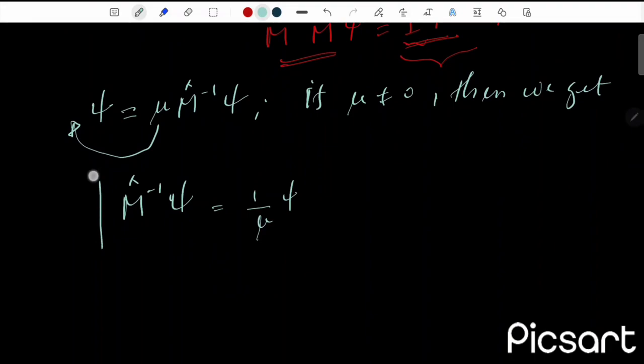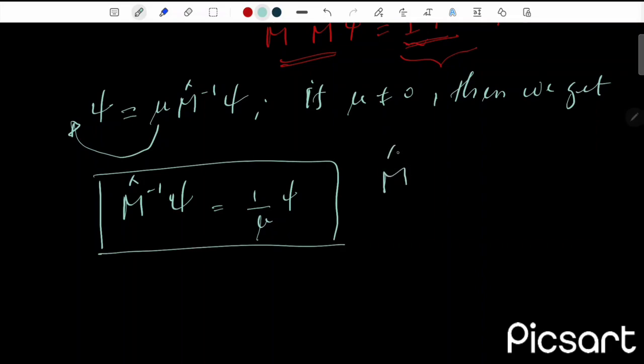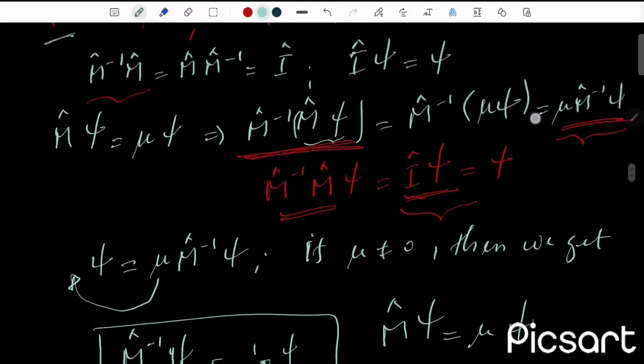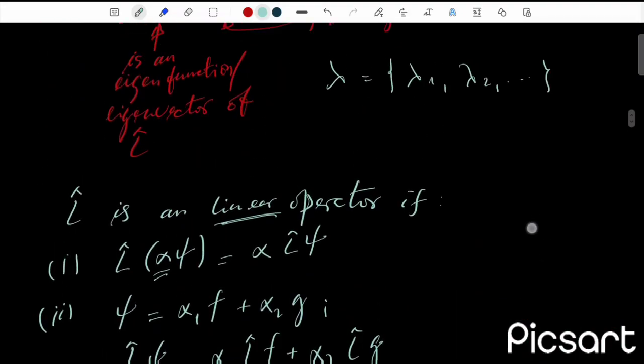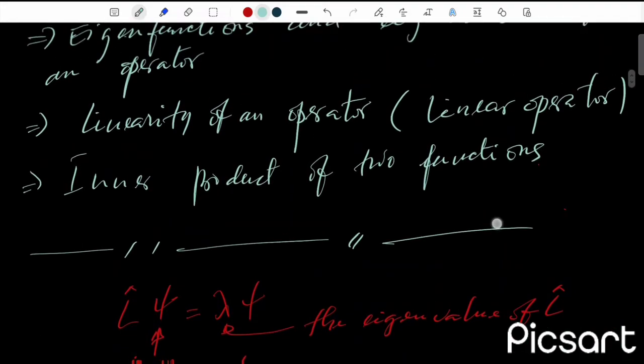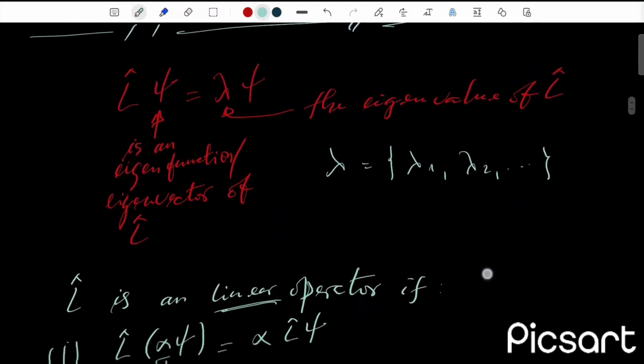This means that if M acting on psi gives us mu times psi, then applying its inverse, we get 1 over mu as the eigenvalue.